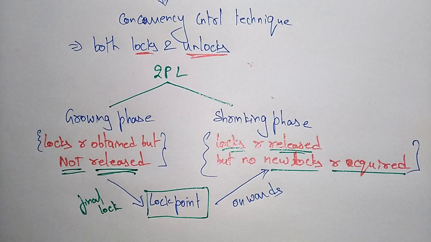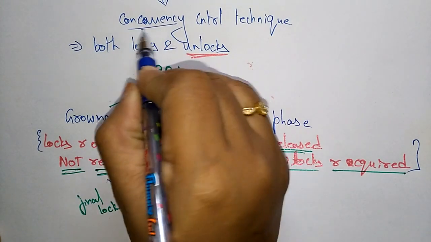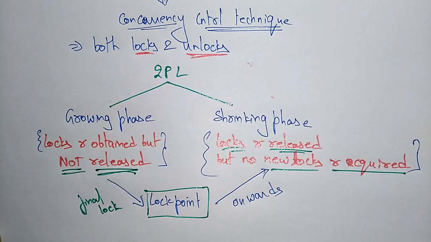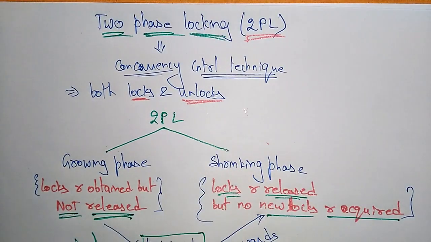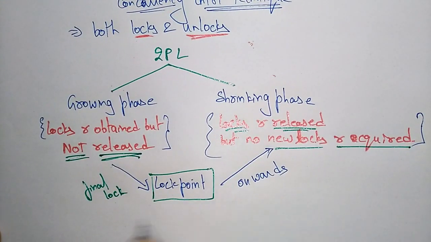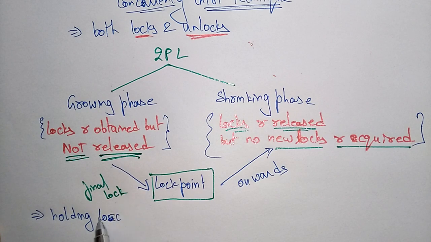Two-phase locking protocol ensures serializability, but may reduce concurrency for the following reasons. I said it is a concurrency control technique. How can we say it is one? Because it holds locks unnecessarily.